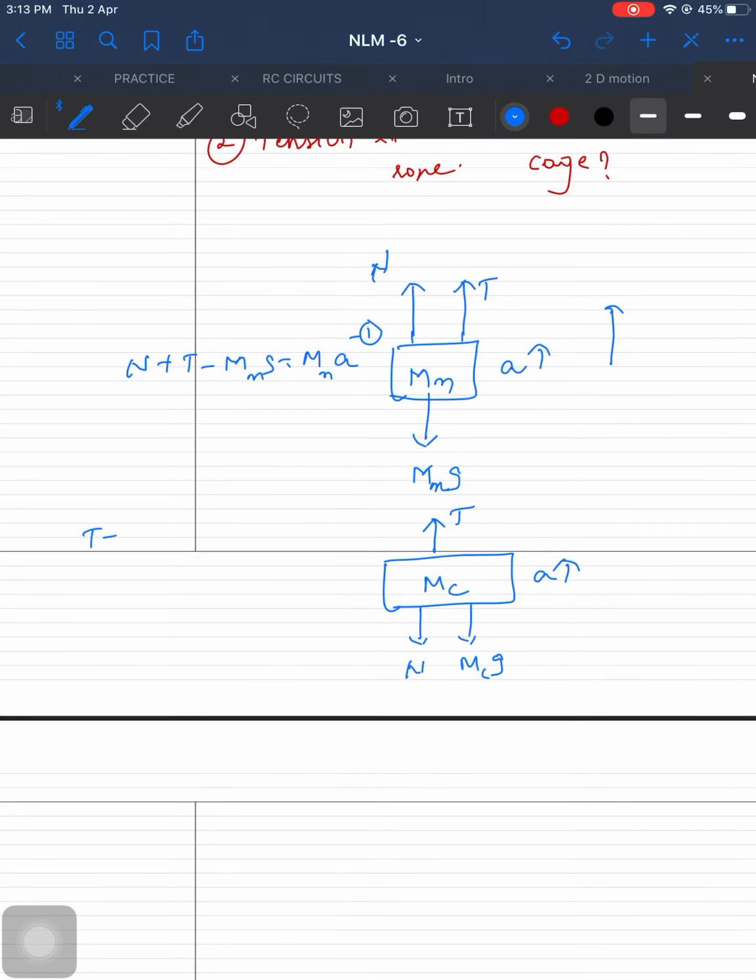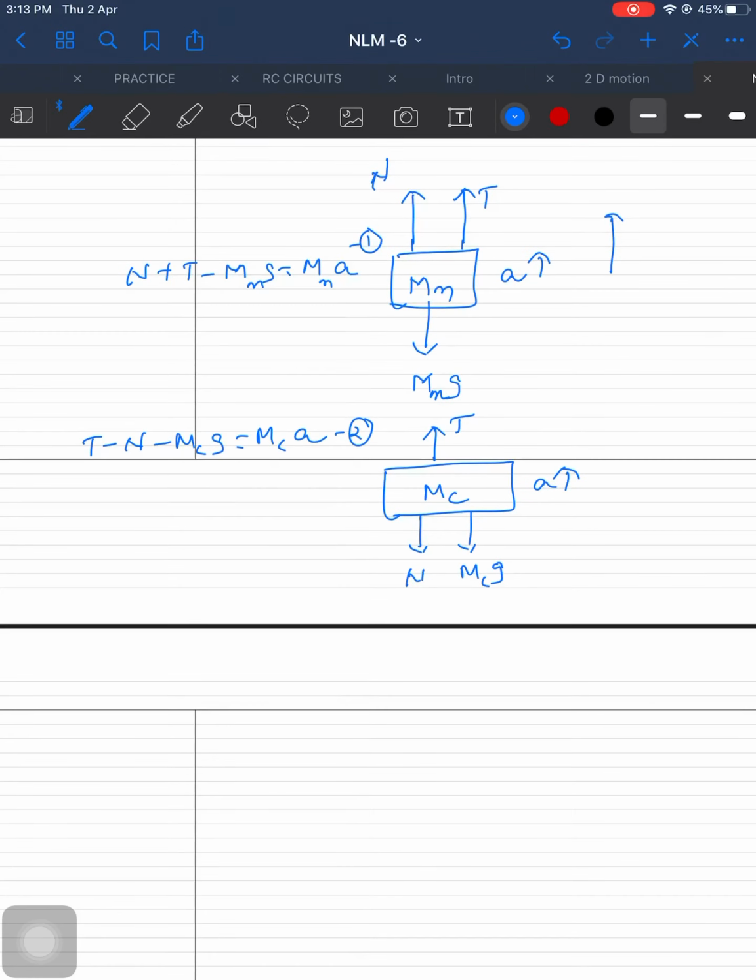Now if you write the equation, T minus N minus mass of cage into g is equal to mass of cage into a, equation 2. Just add equations 1 and 2. We know the acceleration. We don't know two things: tension is unknown, normal is unknown. So two equations and two unknowns.